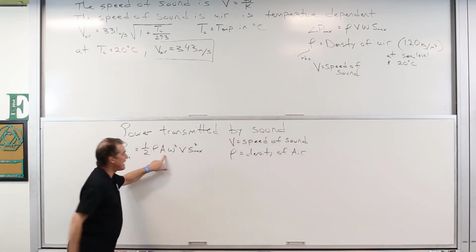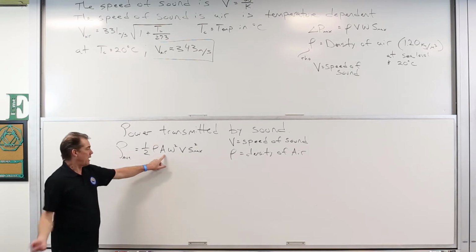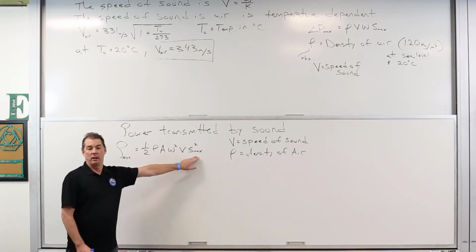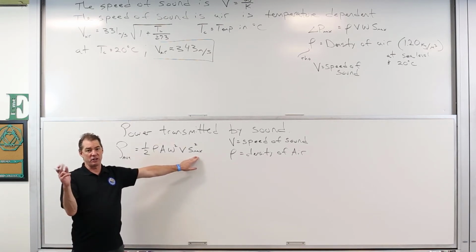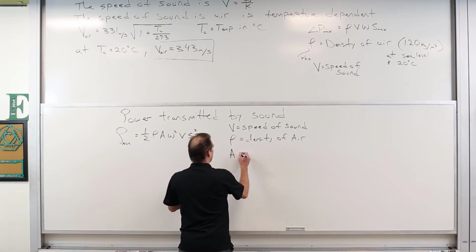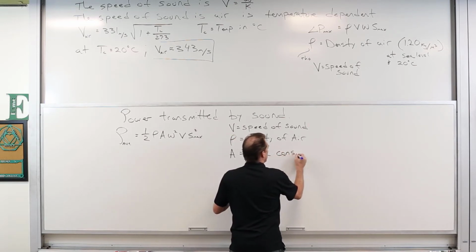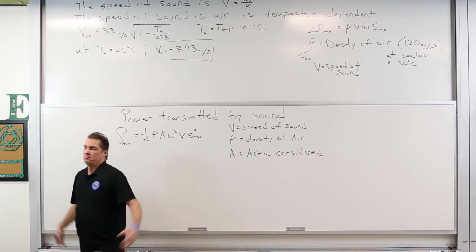And then we have this A here. Well, this A is not the amplitude, because the amplitude is correlated with S max, the amplitude of the oscillations of the individual air molecules. What is this A? A is the area being considered. What area?